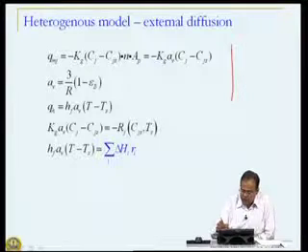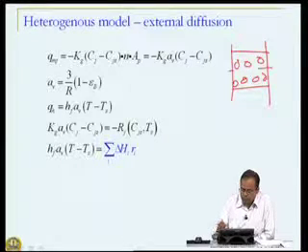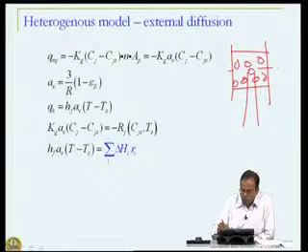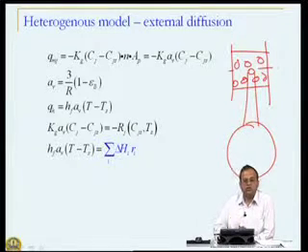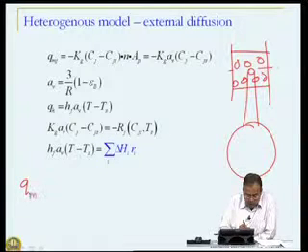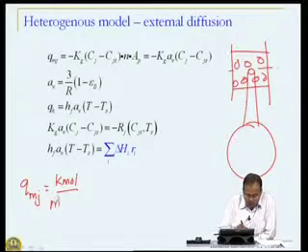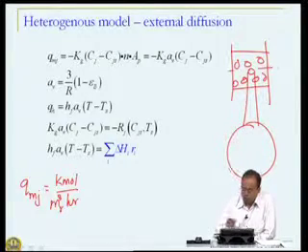Once again, we have this catalyst bed. If I look at one of these catalyst particles, let me start by saying that first only external diffusion limitations are important. What we are looking for is QMJ, which is kilomole per meter cube of reactor volume per hour. So, what is the rate of this reaction?